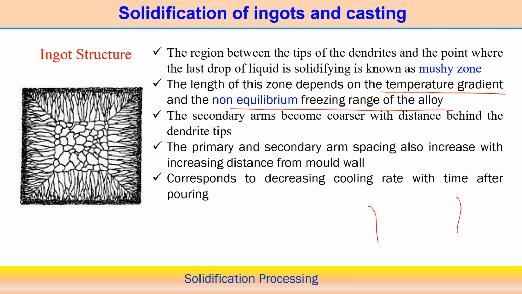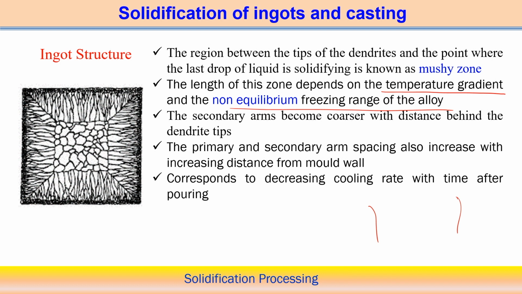Freezing range ideally means the liquidus to solidus temperature range, or in the case of non-equilibrium solidification, solidification terminates exactly at the eutectic temperature. So, it depends on this temperature, and we can expect a different kind of behavior in the solidification of this particular alloy system.